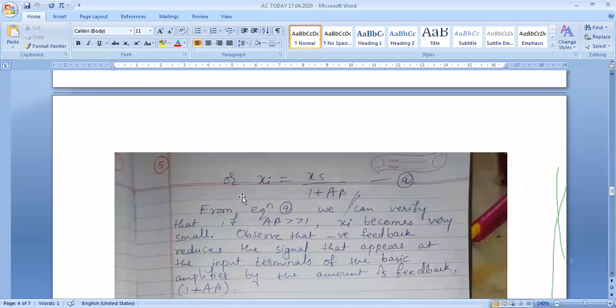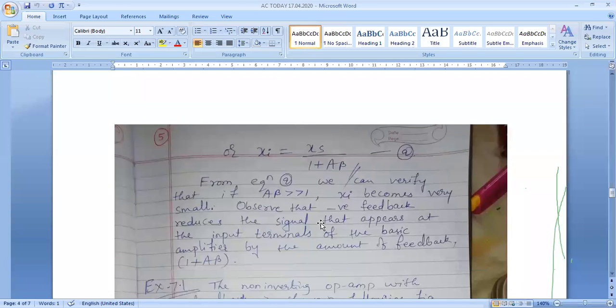Now here also we will apply that particular rule. If we use a large feedback, that is when A beta is much larger than 1, this 1 can be neglected and Xi is simply equal to XS divided by A beta. So Xi becomes very small because A beta is much larger, since XS gets divided by A beta.